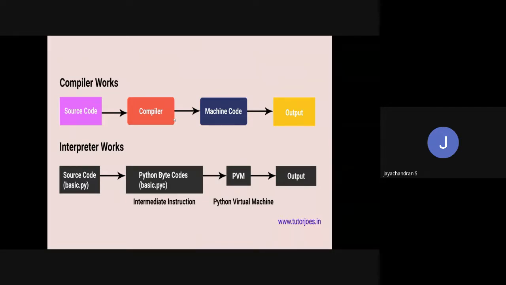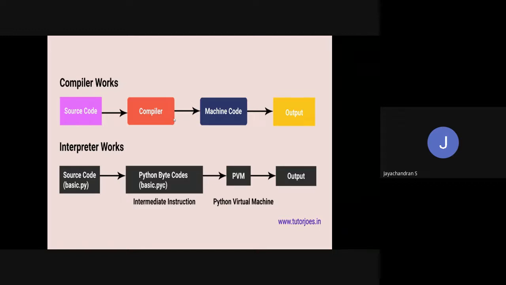Then the interpreter: the source code is saved, then there is an intermediate instruction, which is bytecode. Then the interpreter uses a virtual machine, the Python virtual machine, to finally get the output.